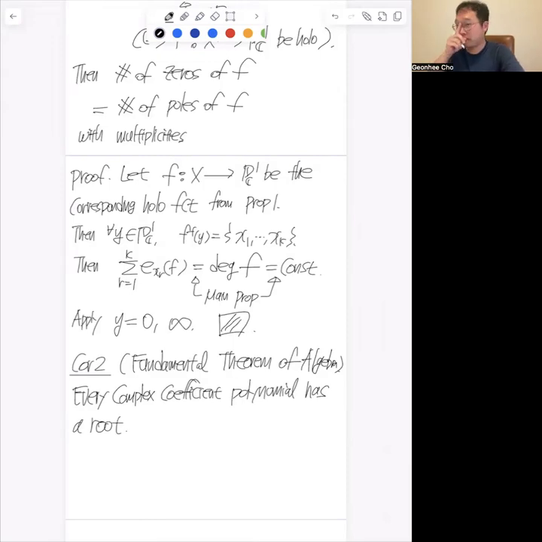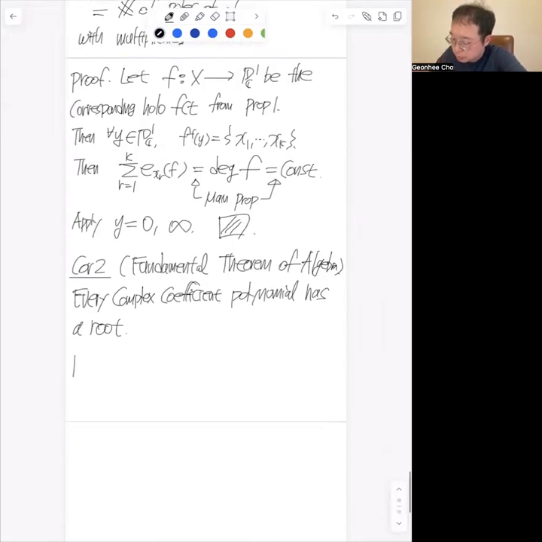Of course, we proved it by contradiction in the second lecture. That is, if there is no zero, then consider one over the given polynomial. Then this is an entire function, so by the Cauchy estimate this must be a contradiction. That's the argument. But now the proof can be changed accordingly.